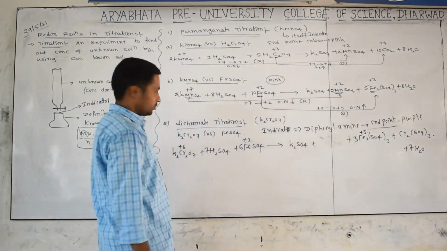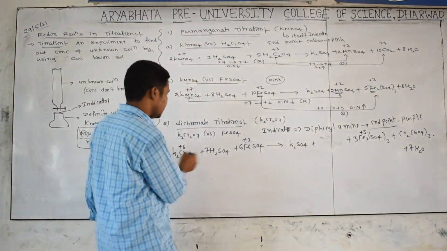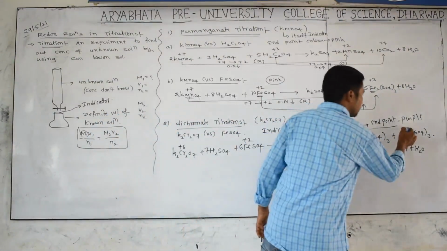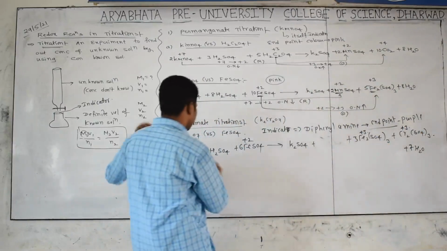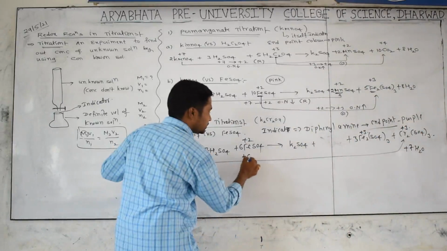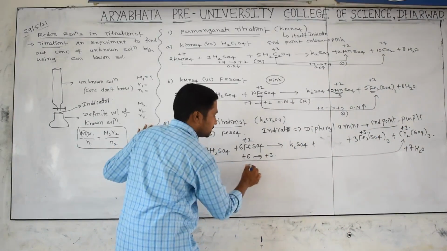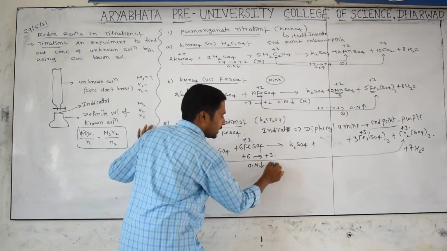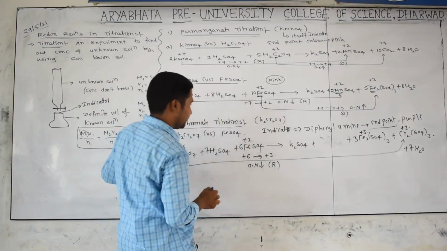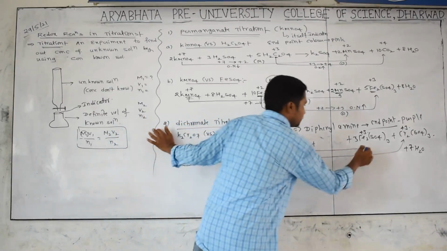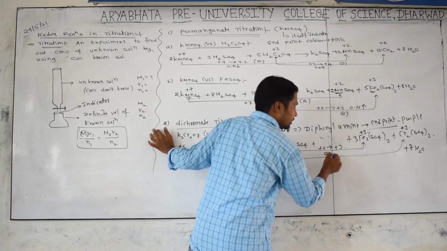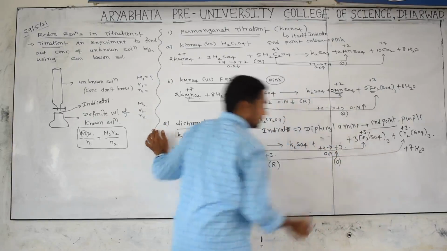Then Cr2(SO4)3. Now Fe is becoming +3, chromium is becoming +3. Chromium's oxidation number changes from +6 to +3, decreasing, called reduction. Iron changes from +2 to +3, increasing, called oxidation.